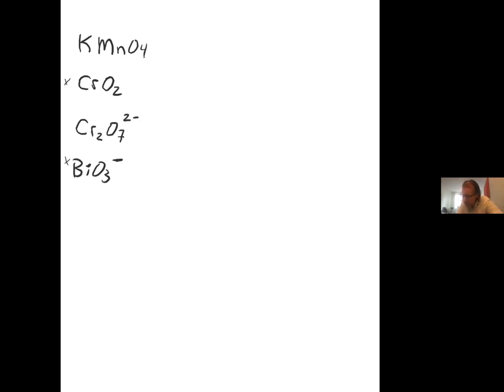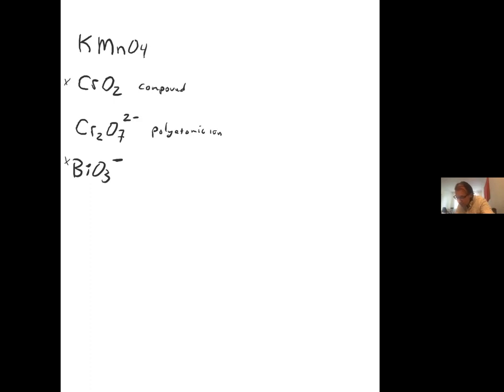And here's why. If you take a look at the CrO2, that's a compound, right? It's got a metal, a non-metal, it's an ionic compound, and it's neutral because it's a compound. Compounds are neutral by definition. If you look at the third one, that's not a compound because it has a charge. This is a polyatomic ion.